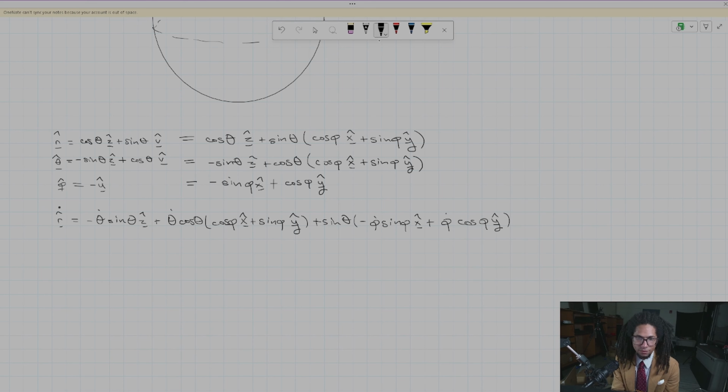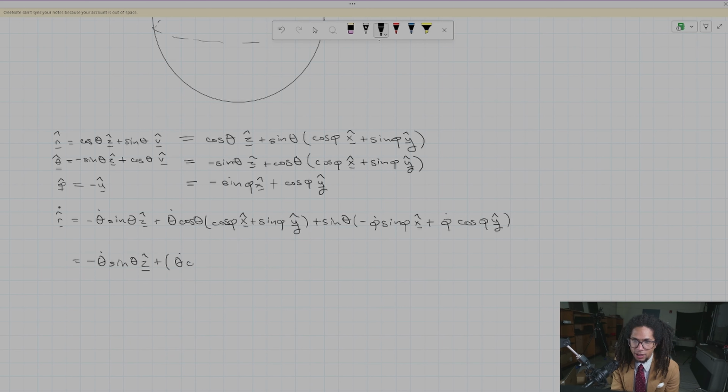Okay. And before we move on to theta hat, let's group our terms here. So we'll get minus theta dot times sine theta z hat. Then plus, I'll split it into components.